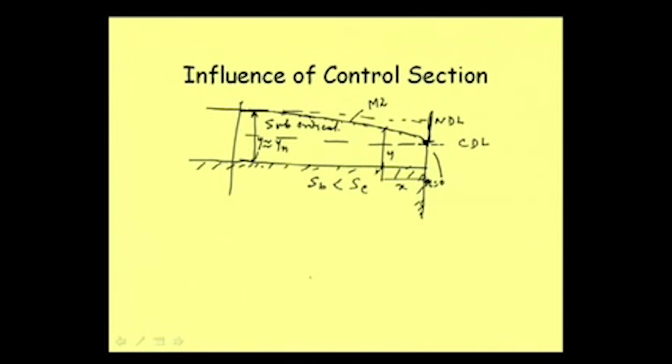Now if we take the same bed condition, but suppose it is a steep slope, like this, with a drop, and if it is a steep slope, that is SB is greater than or equal to SC.